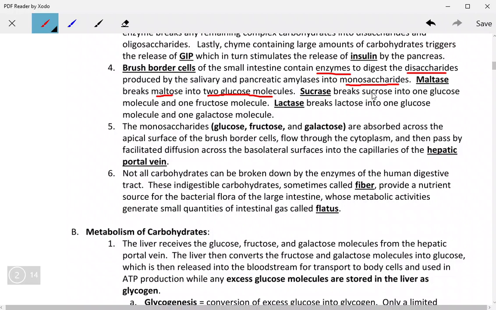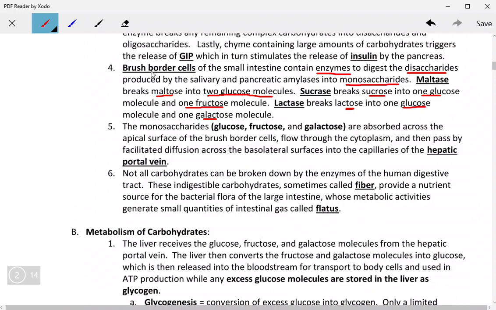Sucrase can break down sucrose into one glucose and one fructose molecule. We have lactase. Lactase actually helps us with the breakdown of lactose. Okay, some of us do not have this enzyme, hence why we are lactose intolerant. All right, so lactase will help to break down lactose into glucose and galactose.